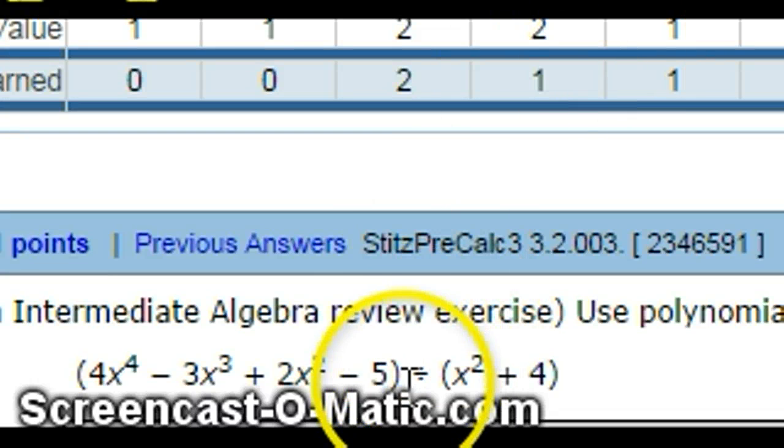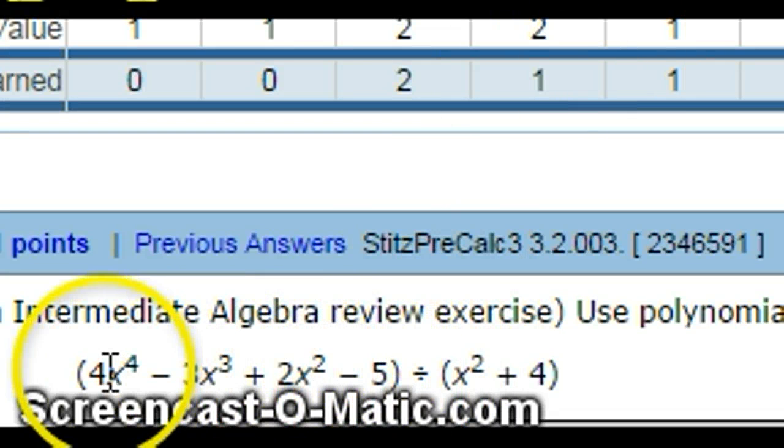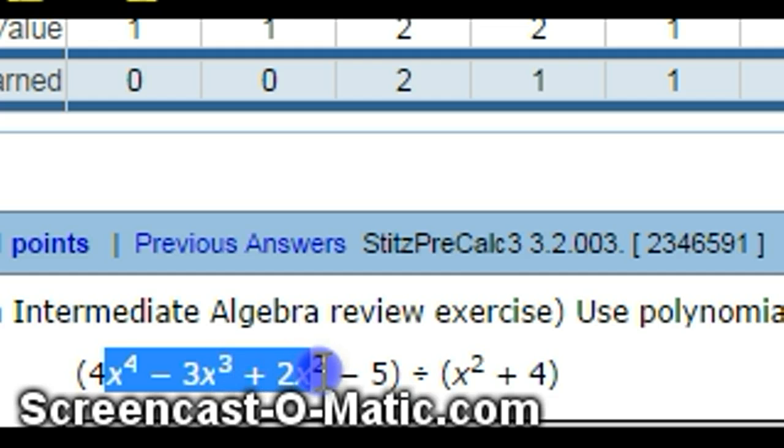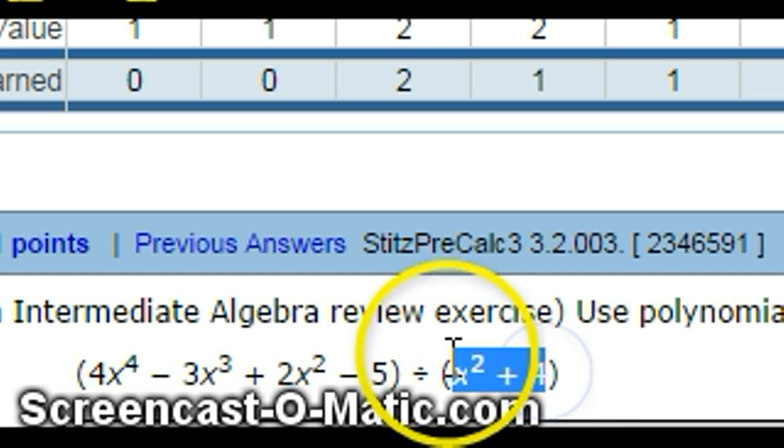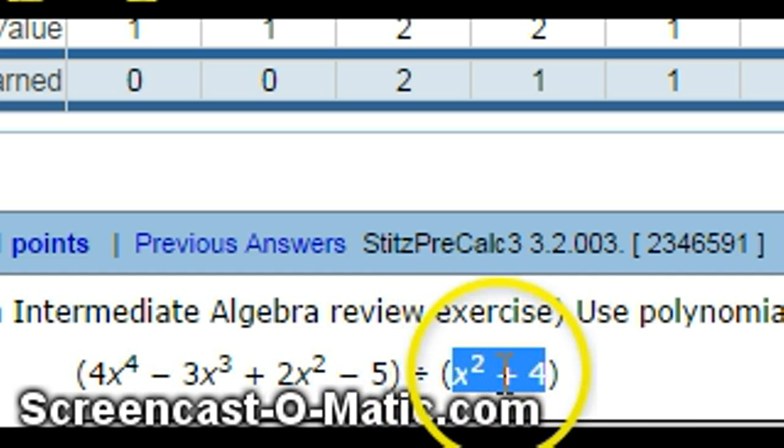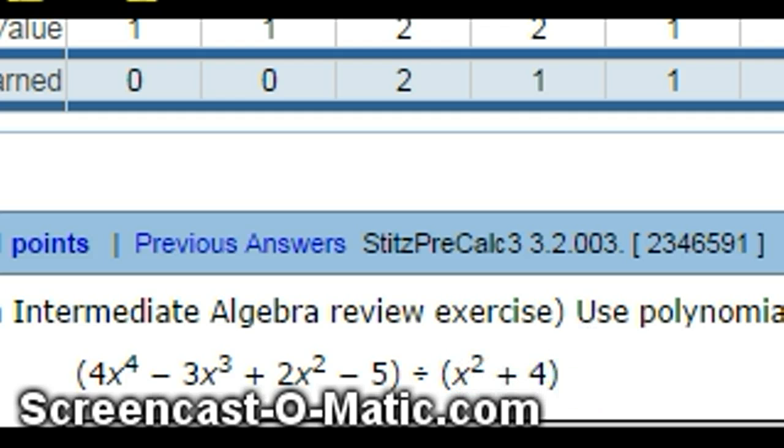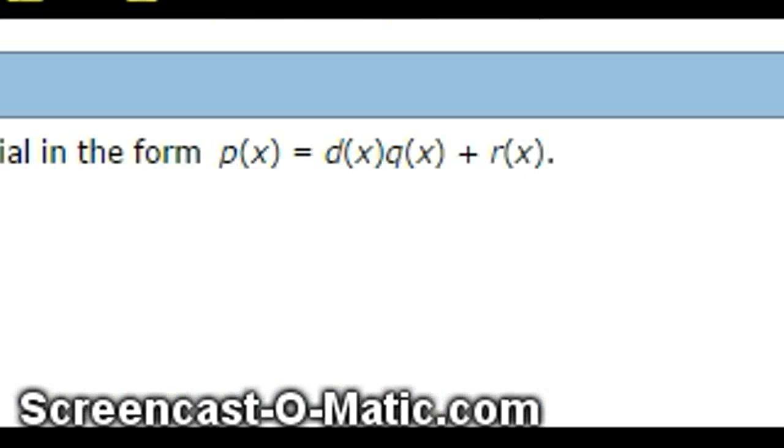The other thing, just to make sure you're doing, is notice we have an x to the 4th, an x to the 3rd, an x squared. Make sure you are putting in a 0x term there, and also right here. So if there's any power of x that's not represented, put a coefficient with a 0 and add it in just as a placeholder. That will make a difference.